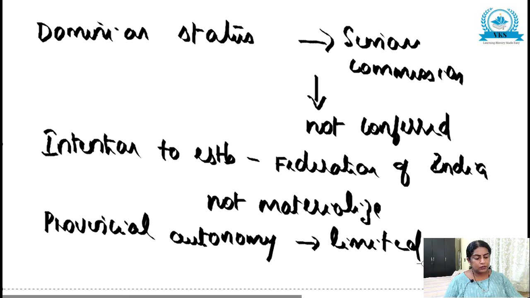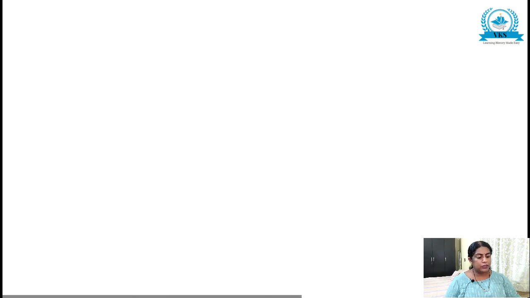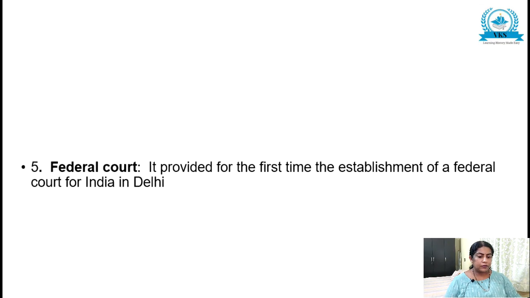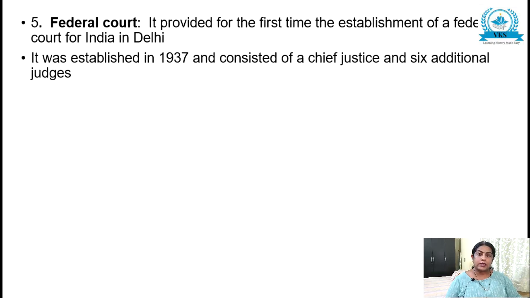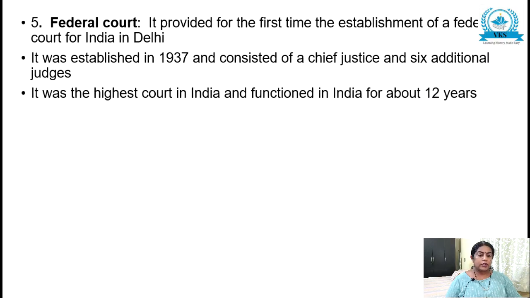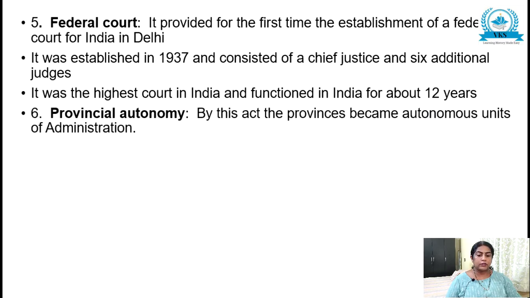So let us just go through the final points. Federal Court: it provided for the first time the establishment of a federal court for India in Delhi. It was established in 1937 and consisted of a Chief Justice and 6 additional judges. It was the highest court in India and functioned for about 12 years.